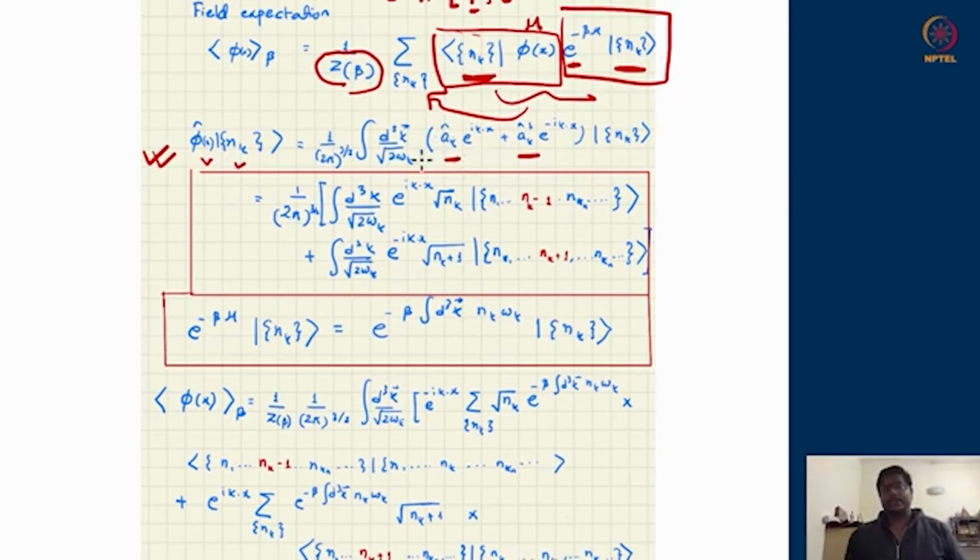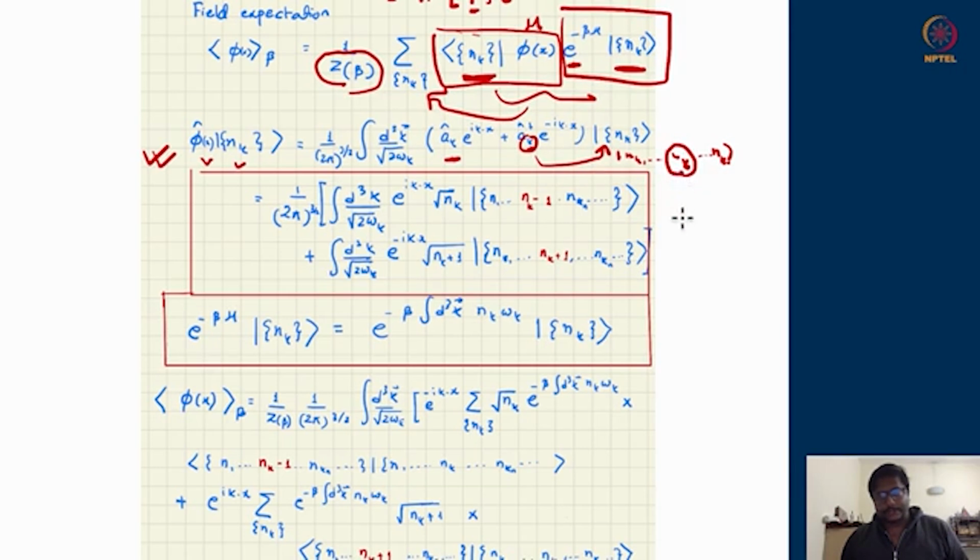So let us do this. I take the expansion of the field in terms of mode functions and the ladder operators, which is this. The operators are only a k and a k dagger. a k dagger will hit this state and search for its own k value across this whole decomposition. This, remember, means n k1, n k2, so there will be some n k here, then other n k m, and so on. So a k dagger will search for its label. It will find n k particles in it.